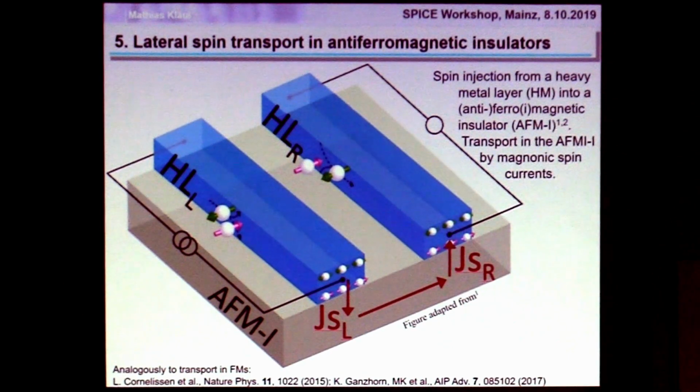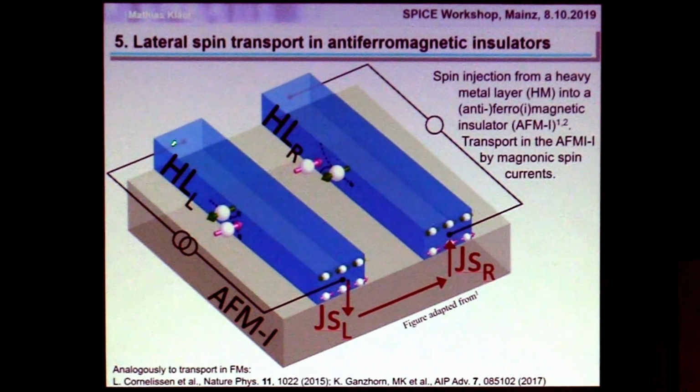We inject a current here, which by the spin Hall effect generates a spin accumulation, which then excites or populates magnon modes in the antiferromagnetic insulator. So you have a net magnon imbalance, an effective transport of spin angular momentum due to the circularly polarized magnons to the detector. Here in the detector, these are converted by the inverse spin Hall effect into a longitudinal current that we detect.